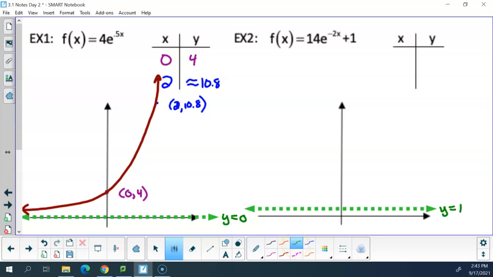X value that's going to give me 0. 0. E to the 0 power? 1 times 14. 14 plus 1. 15.